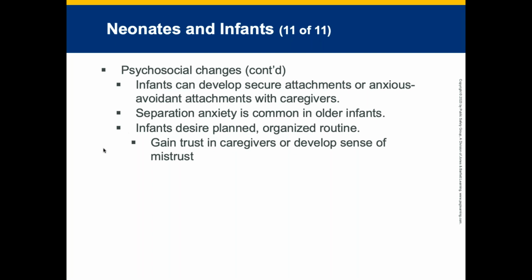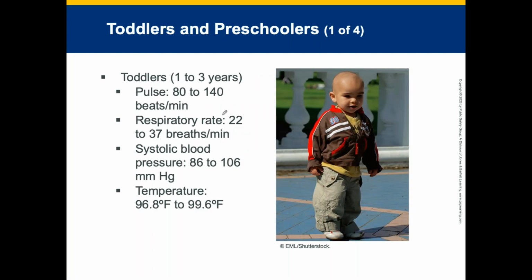All right. So let's talk about toddlers, 1 to 3 years, and then the preschoolers, 3 to 6. I don't know everybody in the class, but who has this age range right now, currently? 1 to 6.